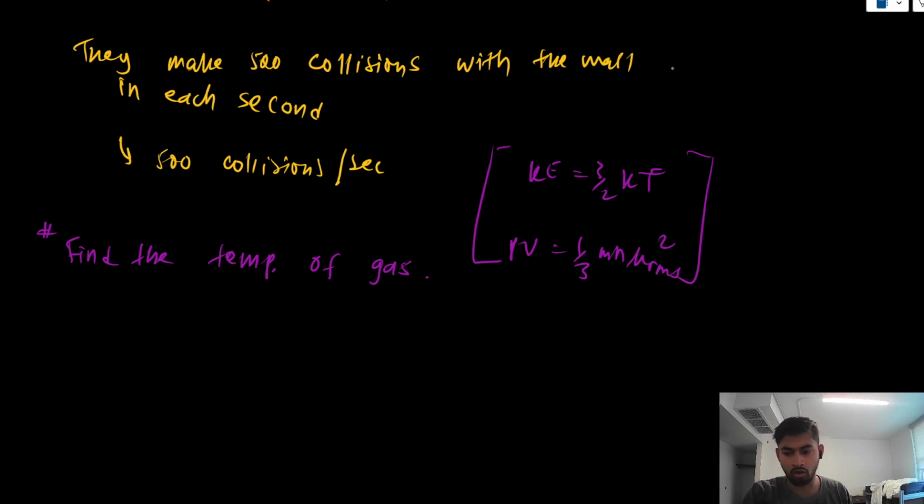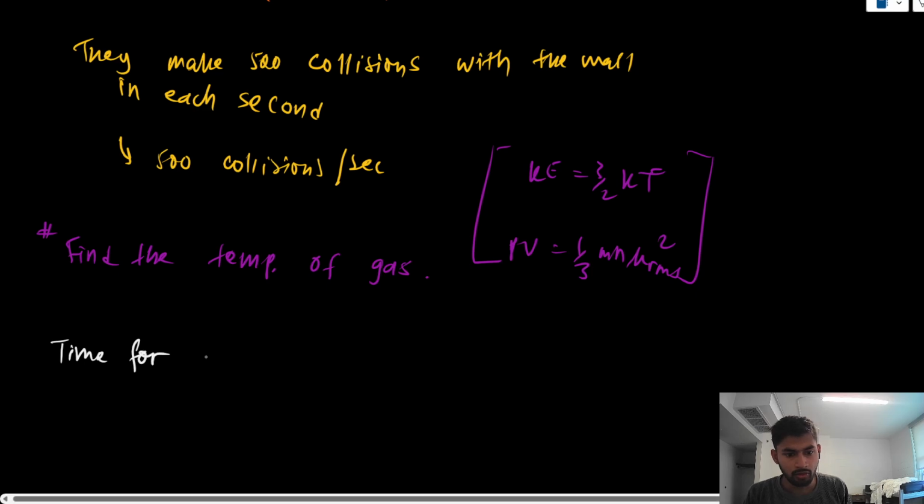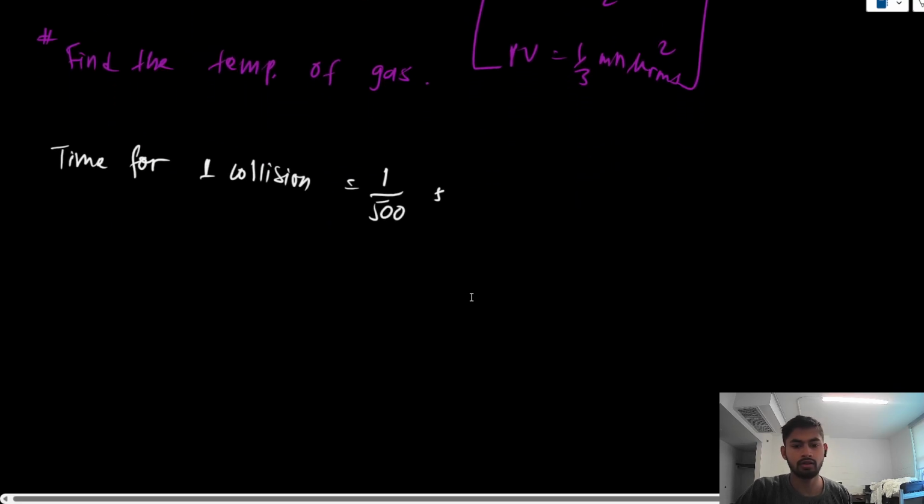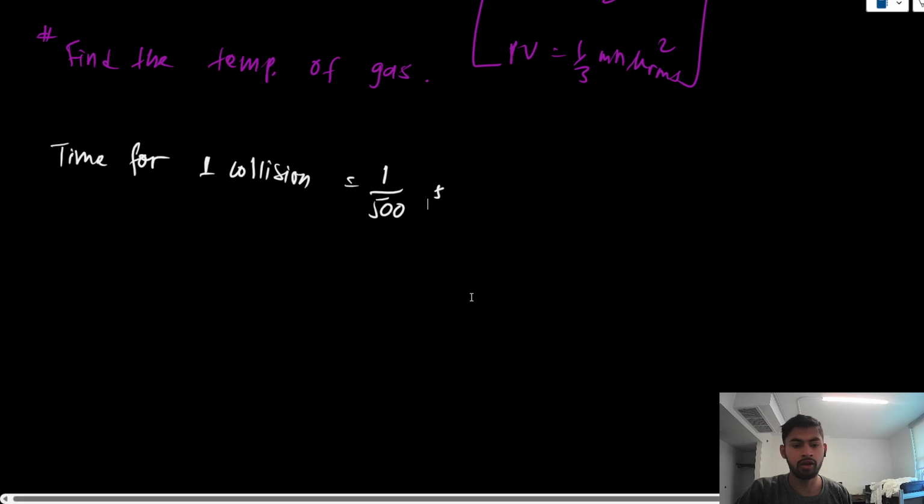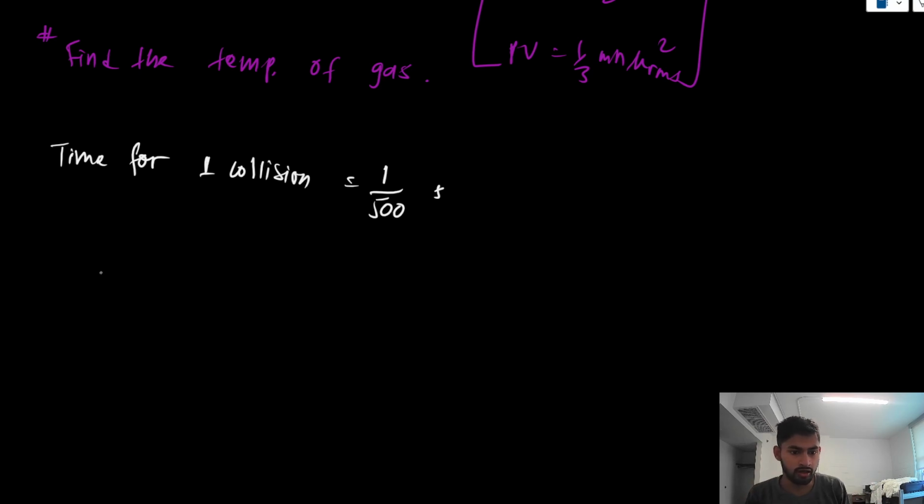Now I'm going to do this problem. So we know that the time for 1 collision is equal to 1 by 500 seconds, right? And how do we define one collision in this container?